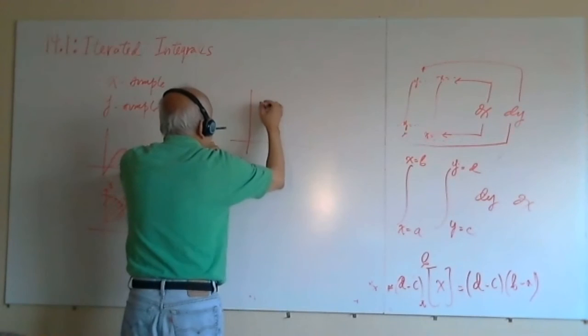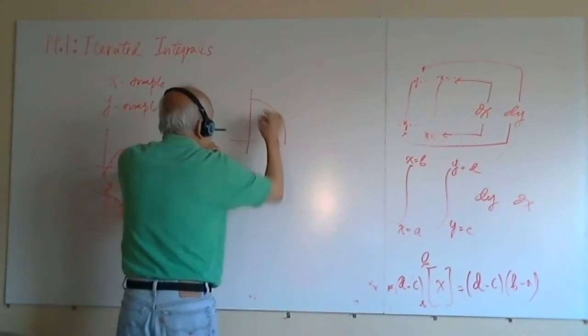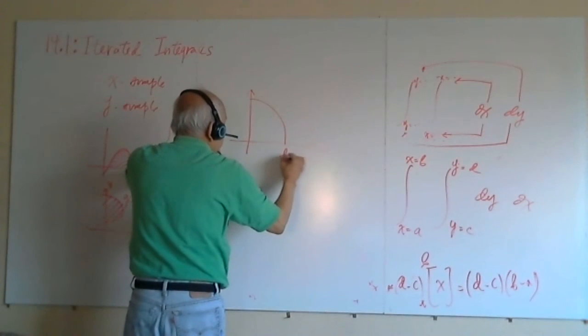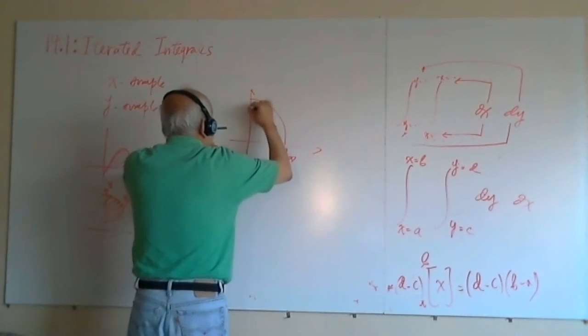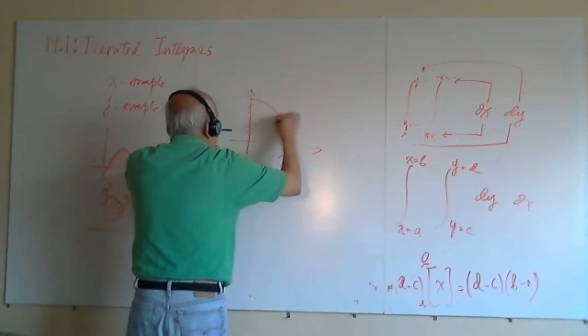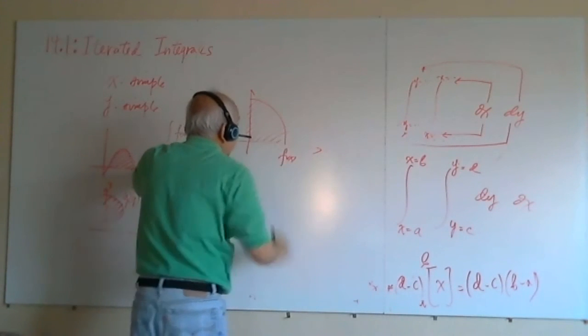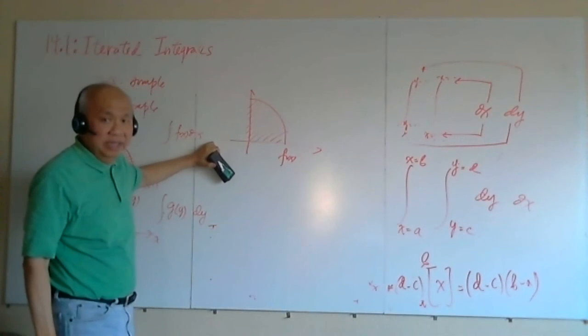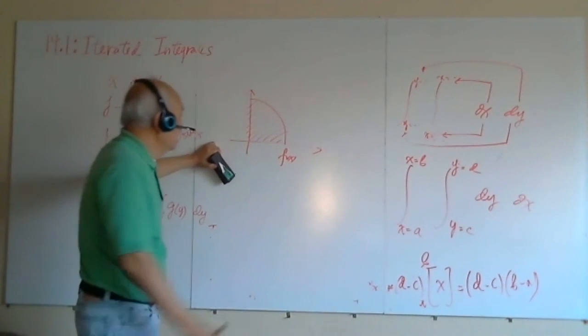Let's say I have a graph like this, and this one here is f(x). If you have to find the area inside here, this is what we call both simple. X simple, yes. Y simple, yes, because it is very easy.